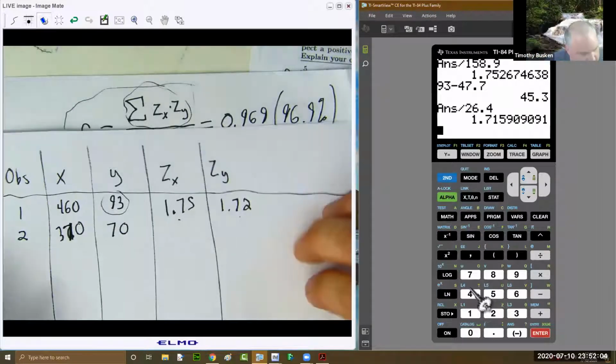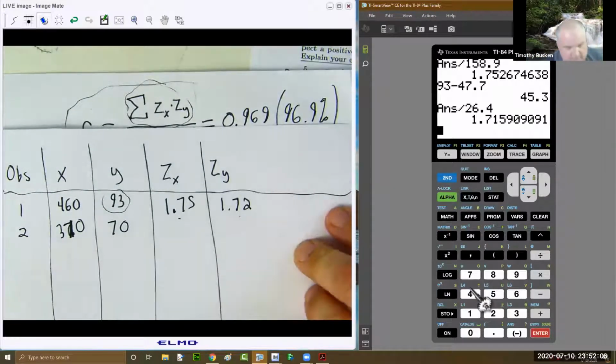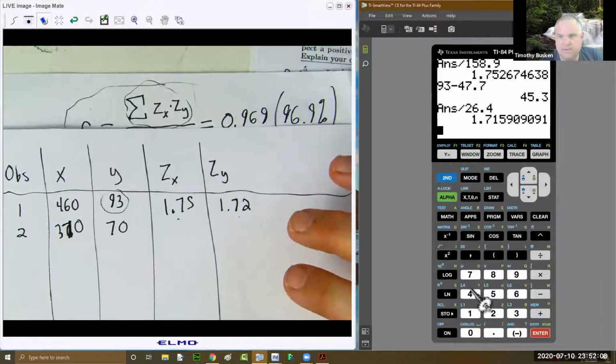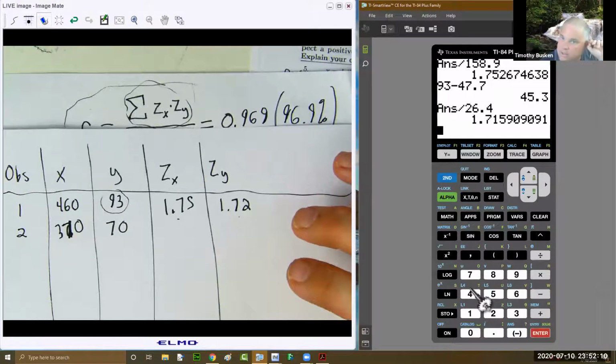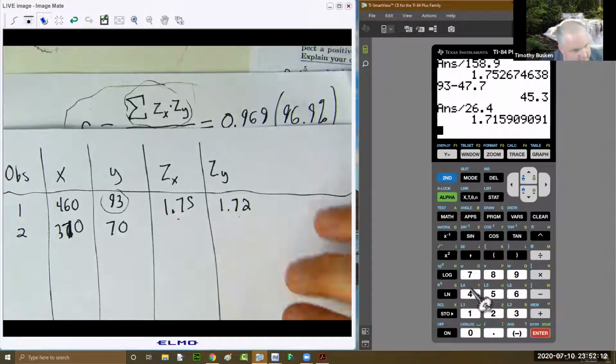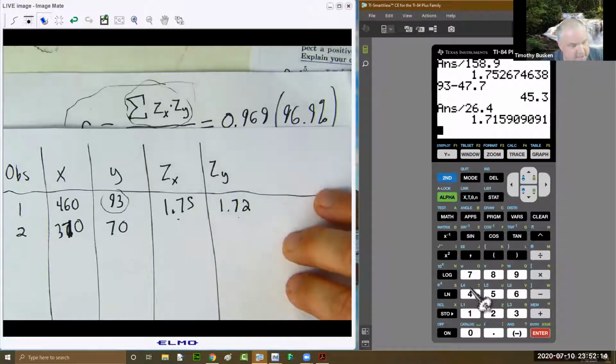Okay, so observation 2, if I want to find the z-scores, and this is the last pair that I'll do by hand, and then I'll also illustrate the formula just for the sake of time.